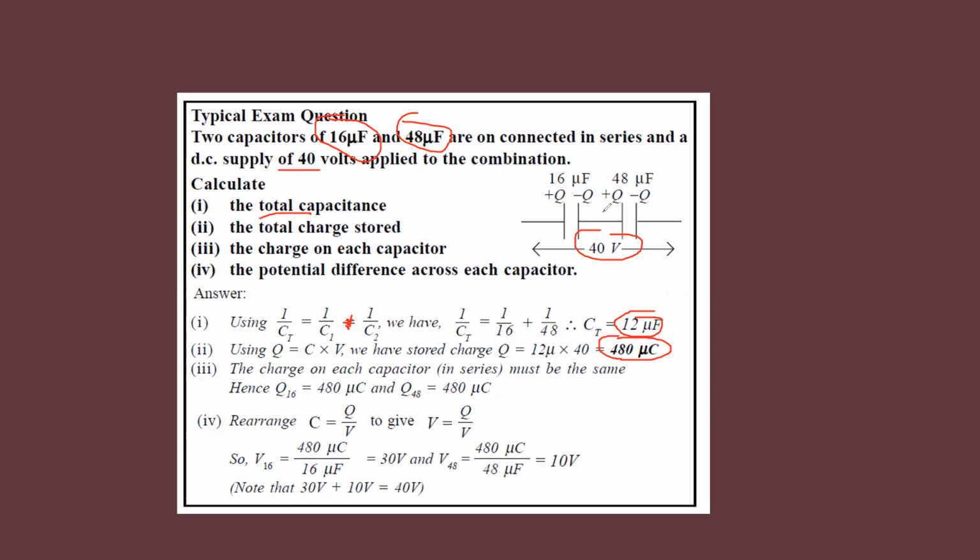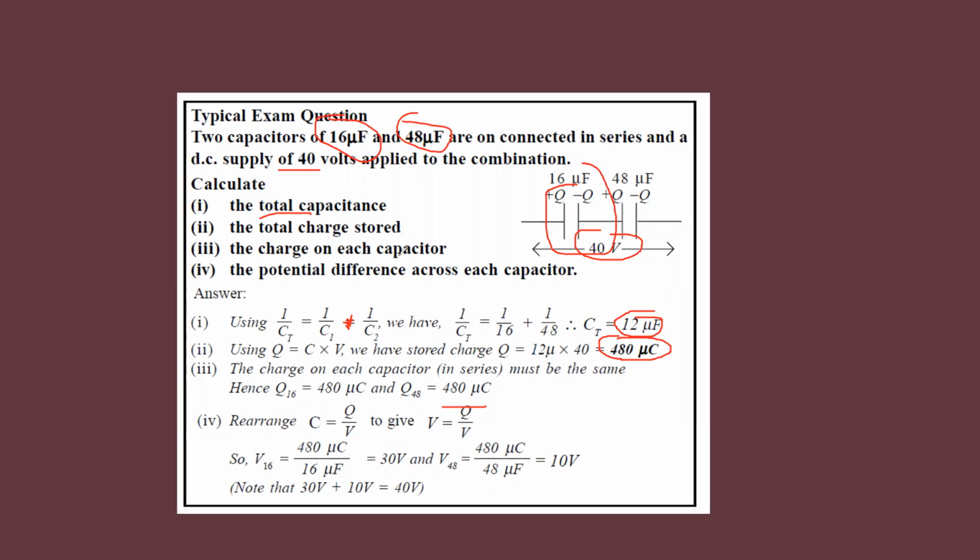So in series, when capacitors are connected, both capacitors will have the same charge. So if the total charge is 480 microcoulomb, the charge on capacitor 1 will be 480 and capacitor 2 is also. So charge on each capacitor in series must be same. That's why it is 480 microcoulomb.